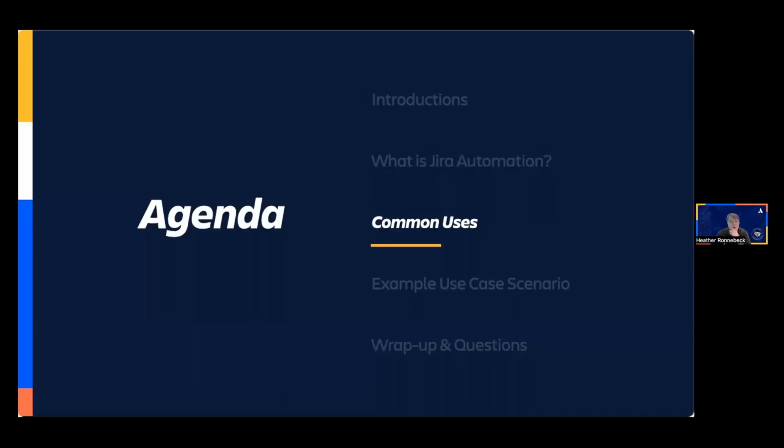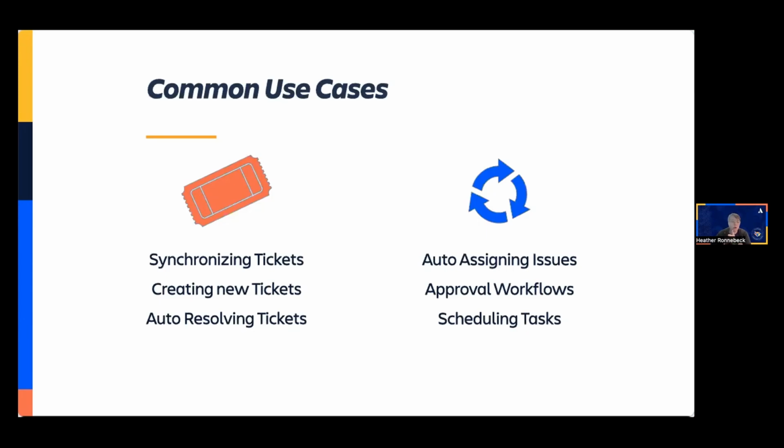So some of the common uses of automation are really pretty simplistic. The majority of use cases that automation rules tend to be used for in most environments is providing assistance with synchronizing tickets across different projects, work streams. For example, if a pull request is created, then a ticket would be transitioned into a new status.